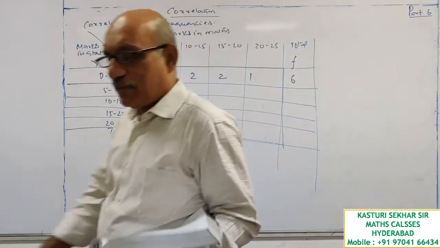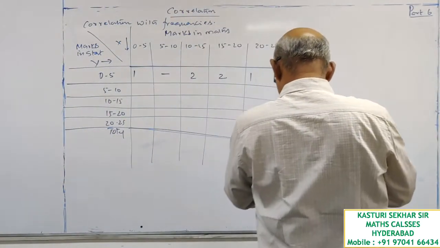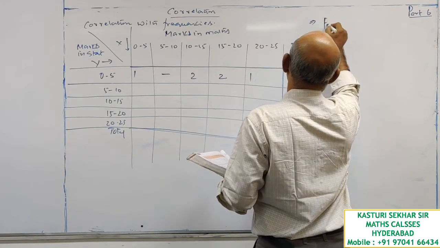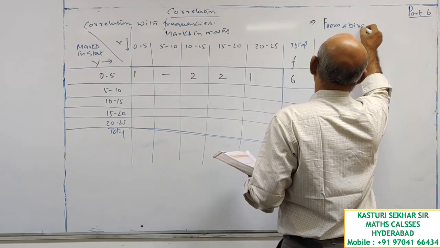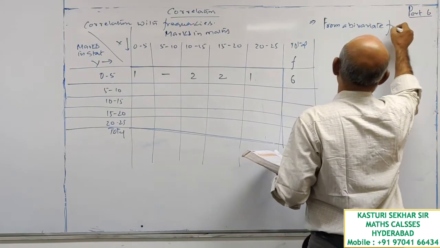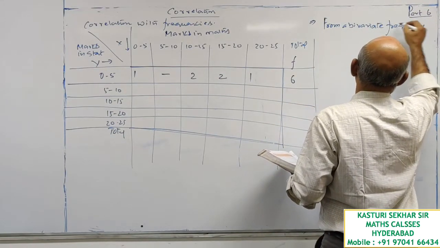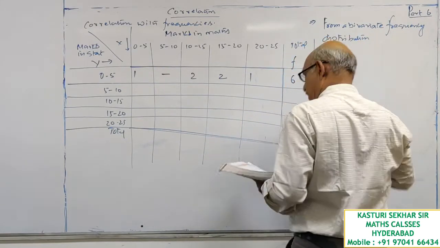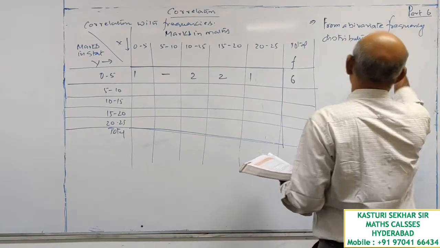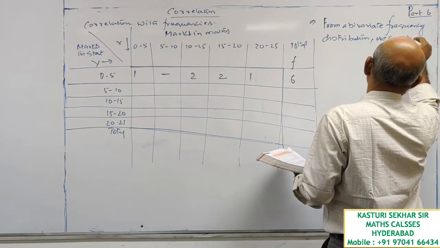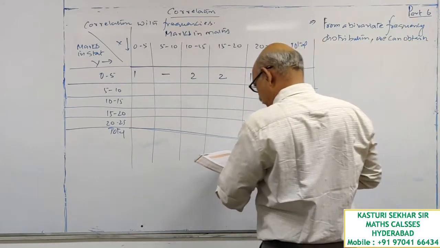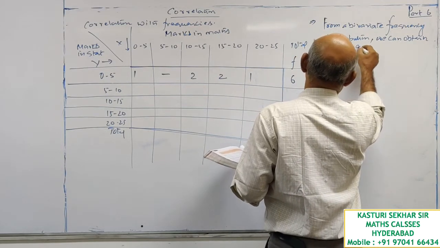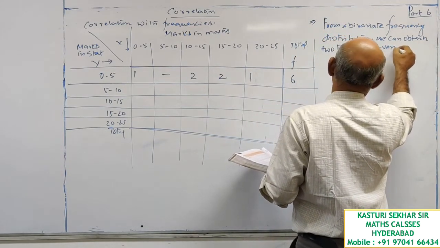Third point which you have to remember is, from a bivariate frequency distribution, we can obtain two types of univariate distributions.